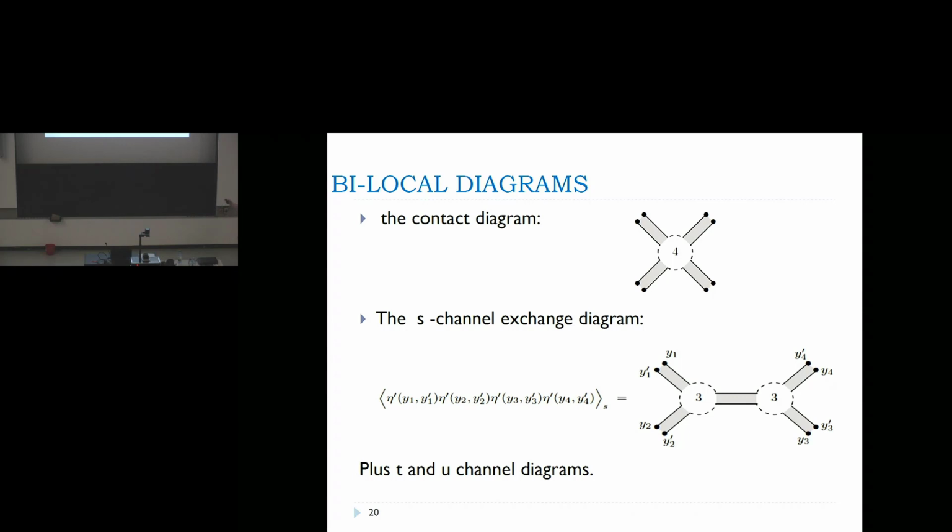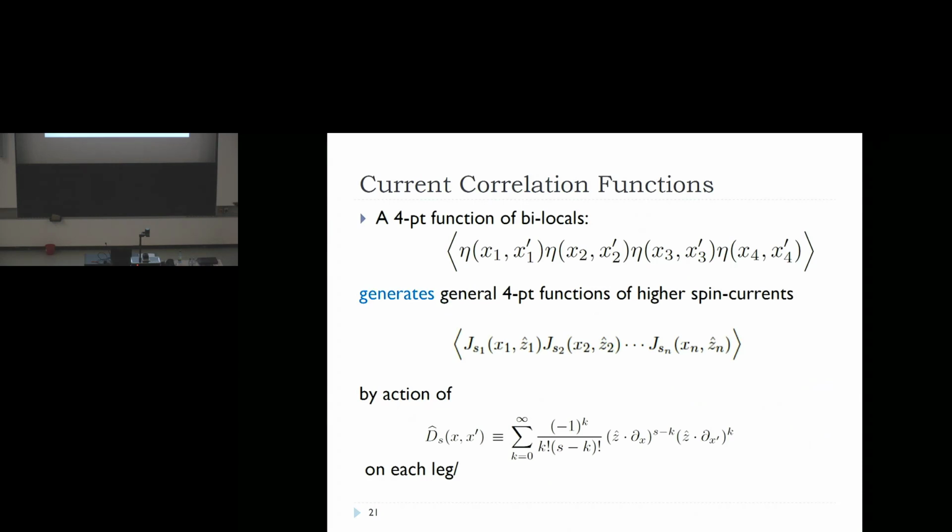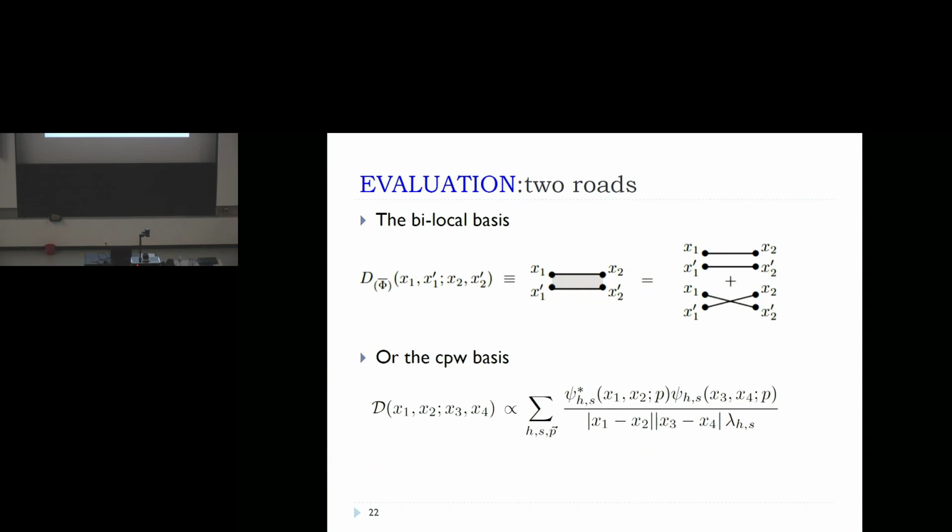A couple of comments. You can compute correlation functions of the bilocal, the 4-point correlation of the bilocal. The bilocal generates all the currents. So once you compute that correlation function, the correlation functions of currents automatically come out. They are just derivatives of the previous ones. In this scheme of bilocal field theory, there will be 2 ways to do the calculation. There are 2 bases, which I already emphasized.